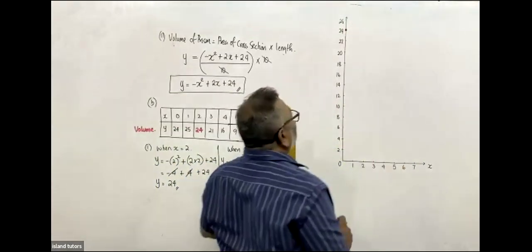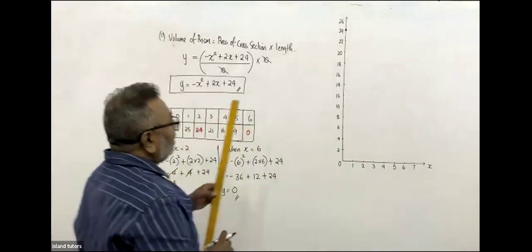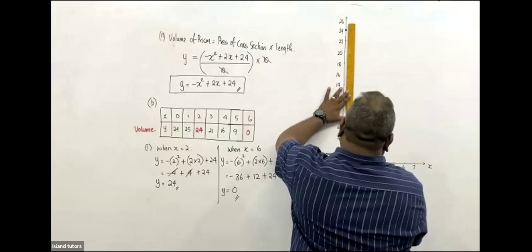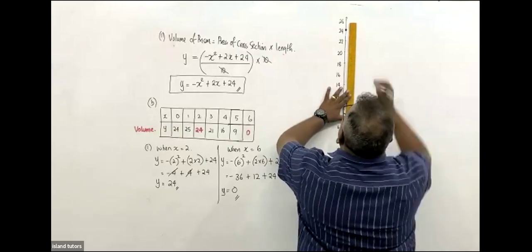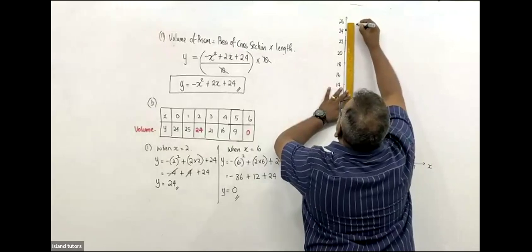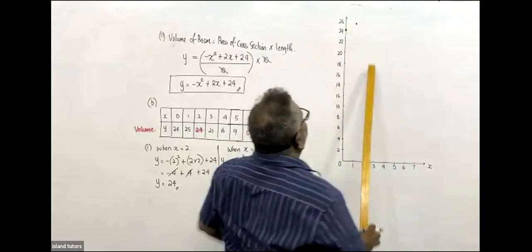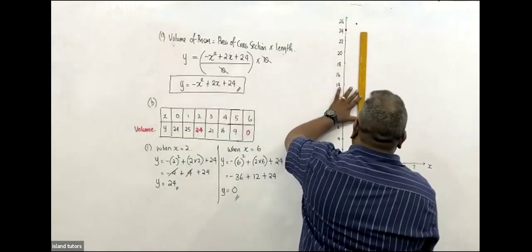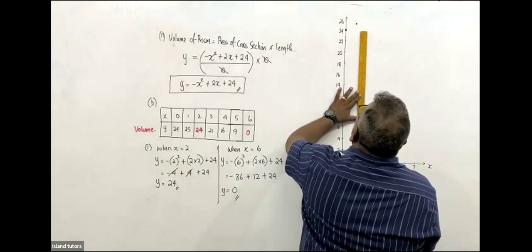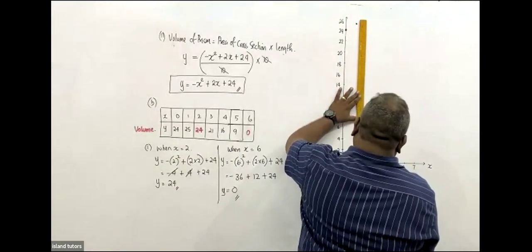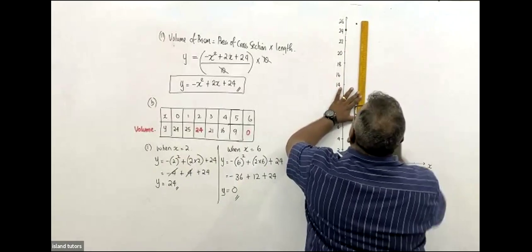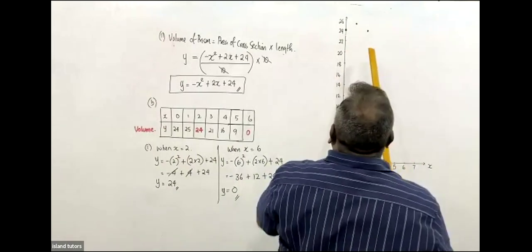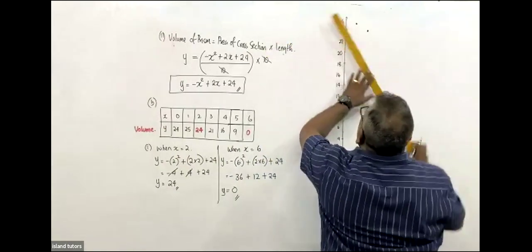Right. Then 1, 25. Then 2, 24. Then 3, 21. 21 is halfway.